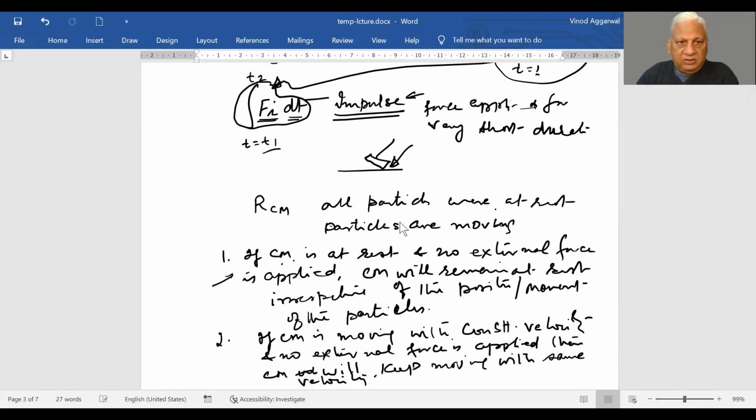The earlier case was when the center of mass was at rest. This is the case when the center of mass is moving, but there is no external force.